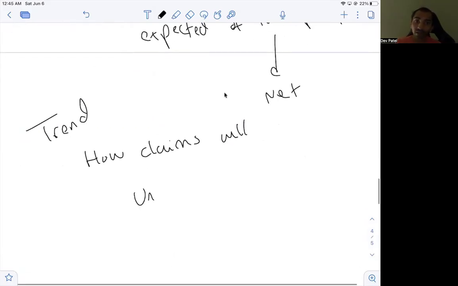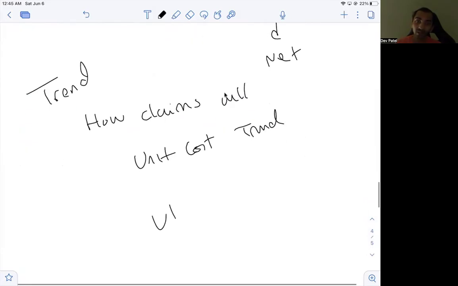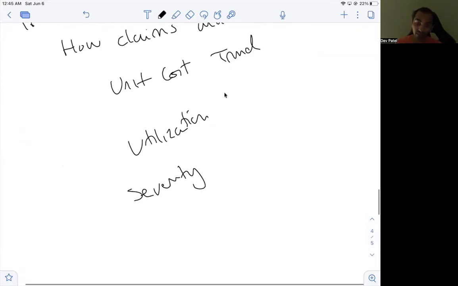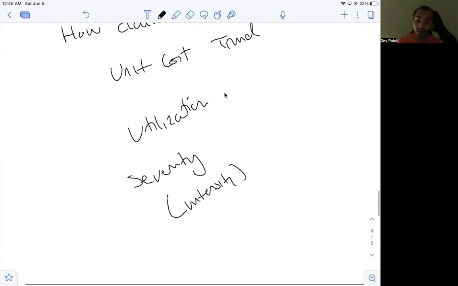We have unit cost trend. We have utilization trend, so how often these services are being used. We have severity. Severity is the intensity of the treatment. So, for example, a 30-minute doctor visit in one year may turn into an hour-long doctor visit the next year. So the intensity of the treatment actually increases.